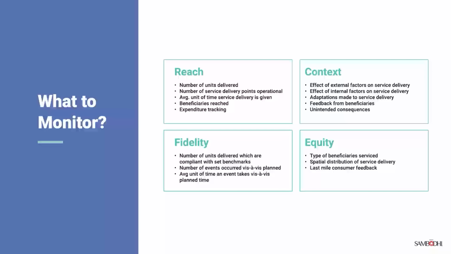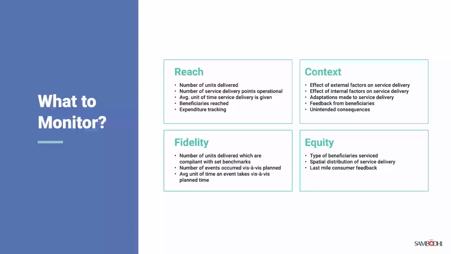Under the reach factor, we need to consider things like the number of units delivered or the number of service delivery points that are operational and the time for service delivery. When we look at the context of monitoring, we are basically looking at the effects of external factors and internal factors on service delivery, any adaptations made to it, along with the feedback from the beneficiaries.